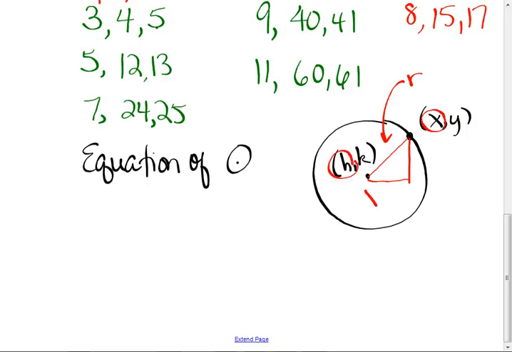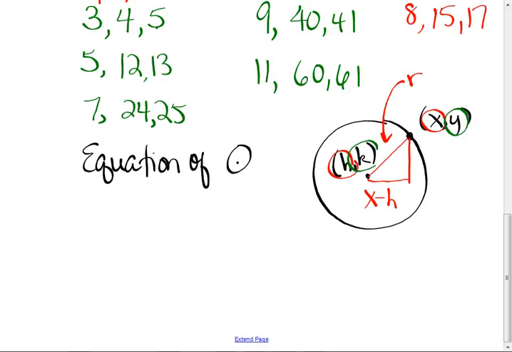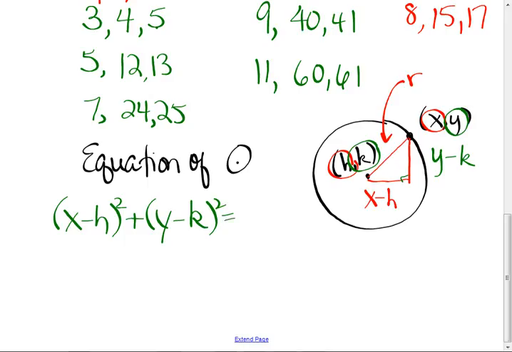So this is x minus h. And the other one is the change in the y's, which is y minus k. And what you do is you square them. It's just Pythagorean's theorem. So it's x minus h squared plus y minus k squared equals that distance you told me was r squared. That's the equation of a circle.